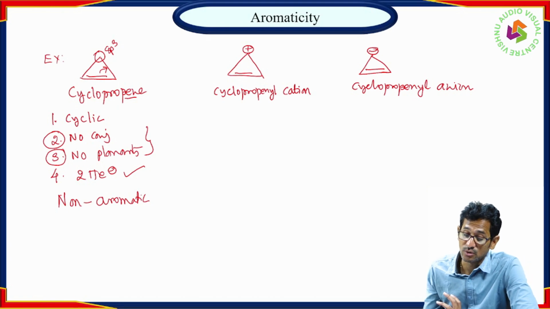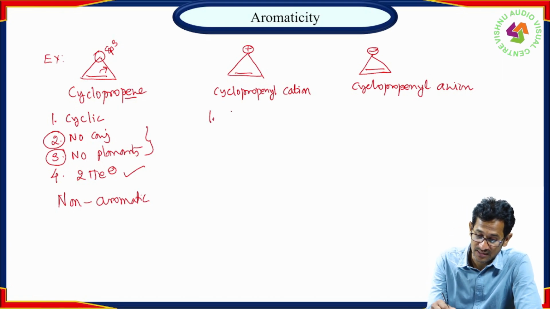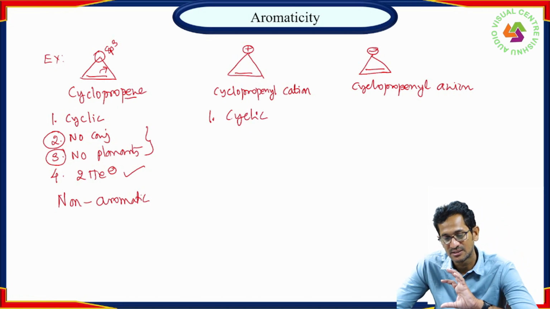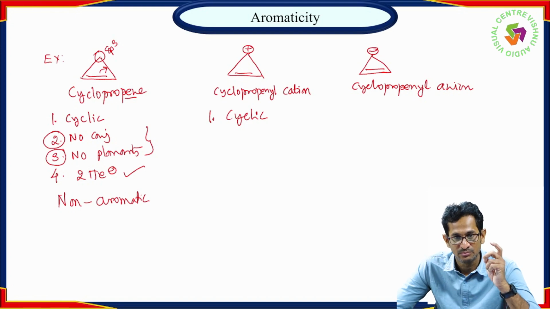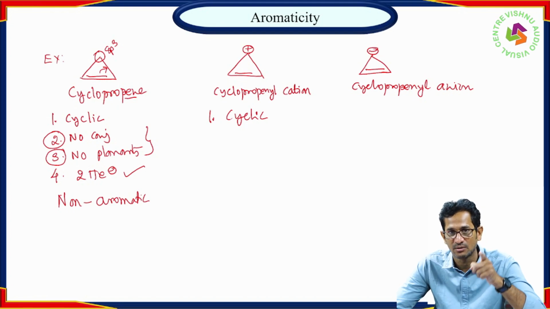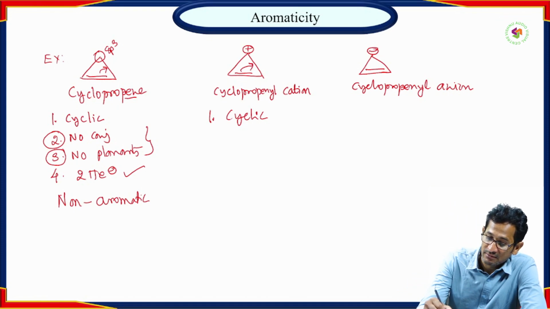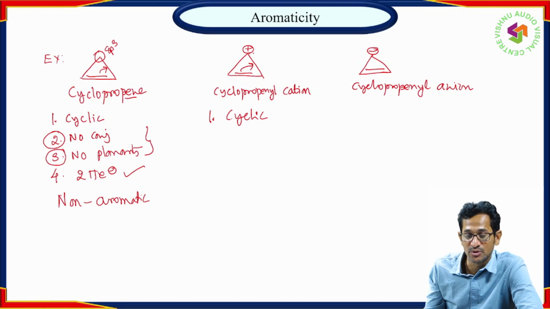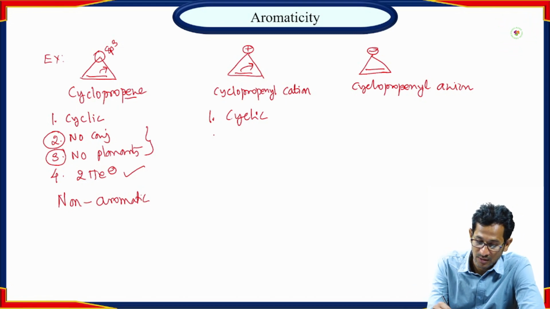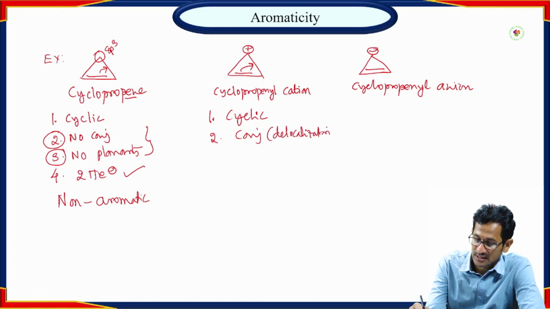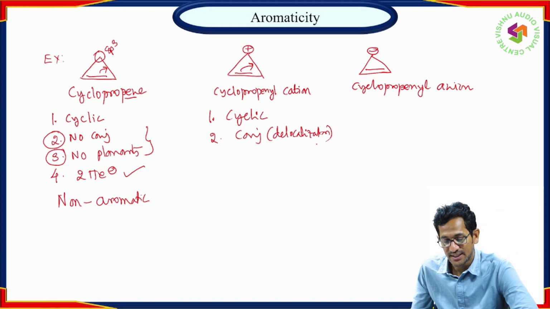Then coming to the cyclopropenyl cation. The first condition is obviously satisfied, it has a cyclic structure. There is no end point, so delocalization always takes place in a cyclic manner. Here we have delocalization because the positive charge is in conjugation with the double bond. Therefore, conjugation is observed, and so is delocalization.